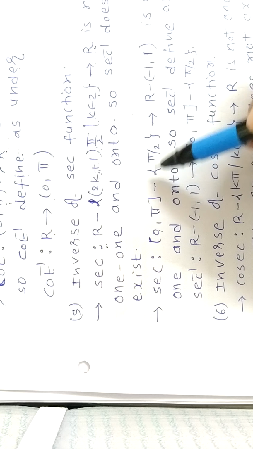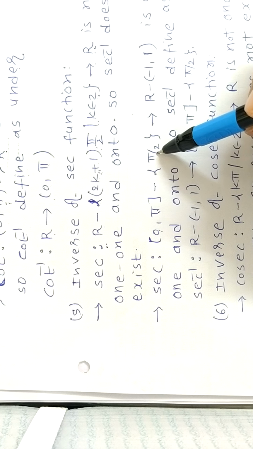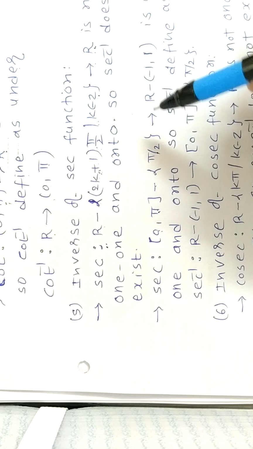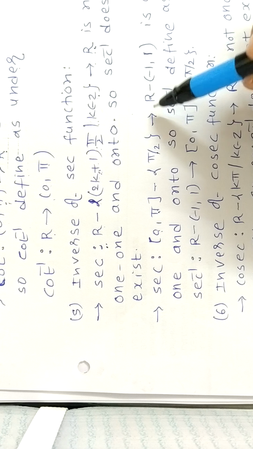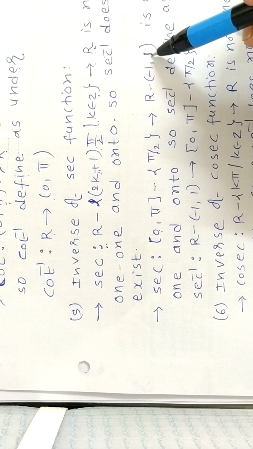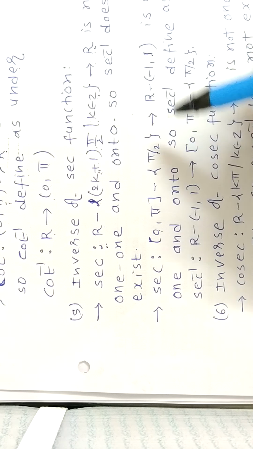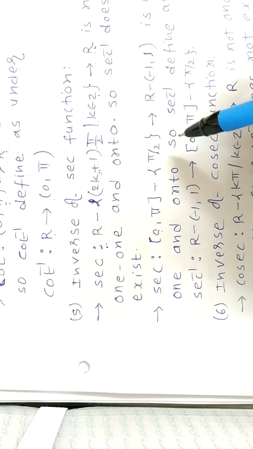0 to pi minus pi by 2, because sec pi by 2 is not defined. And the new codomain is R minus minus 1 to plus 1, because the range of sec function is R minus minus 1 to plus 1. So in this way sec function becomes 1-1 and onto.